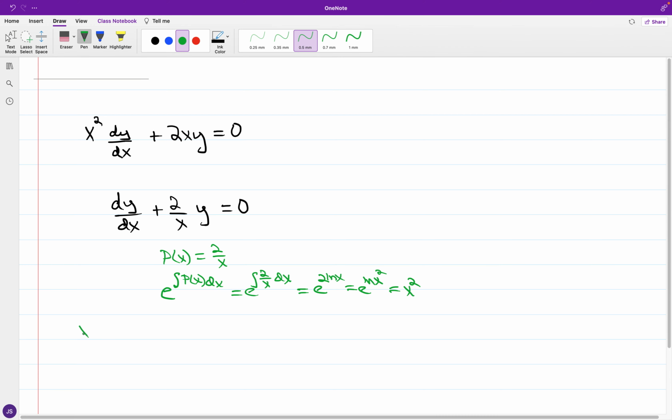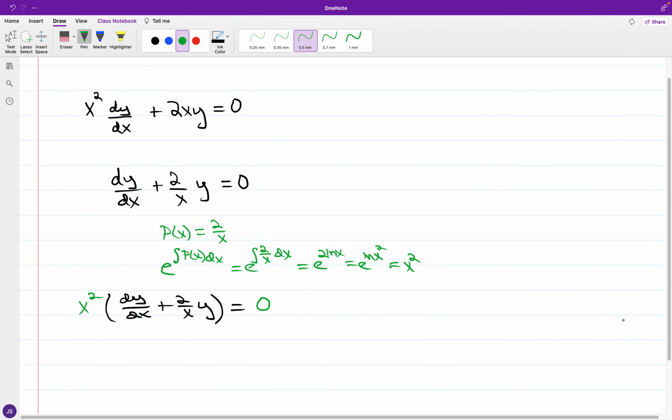and this is equal to x squared itself. And if you notice, if we multiply the standard form by x squared, and 0 times x squared is going to be 0. And if I were to distribute, guess what? I would go back to right where I started from.